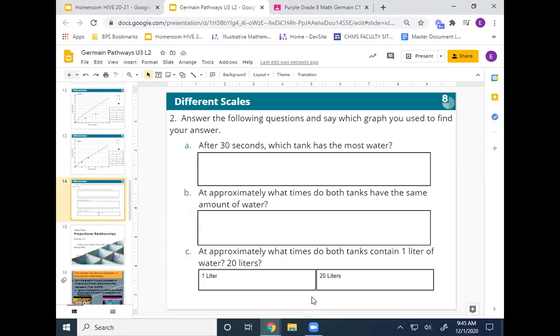Okay? So on letter A, it asks us, after 30 seconds, which tank has more water? So on which one of these graphs can we more easily see 30 seconds? The one on slide number 12 or the one on slide number 13? Which one can we see 30 seconds really easily?